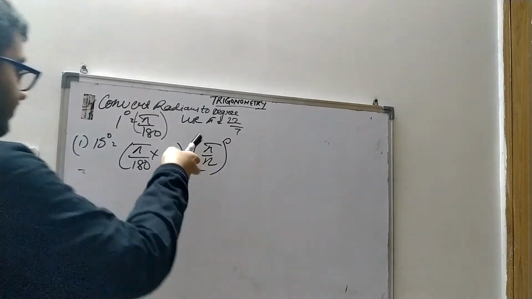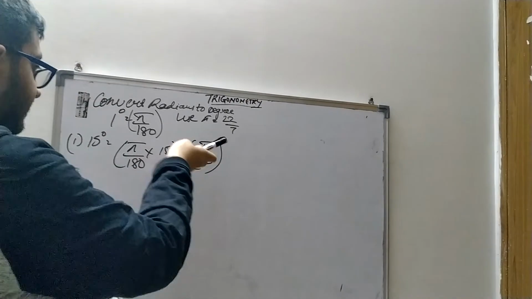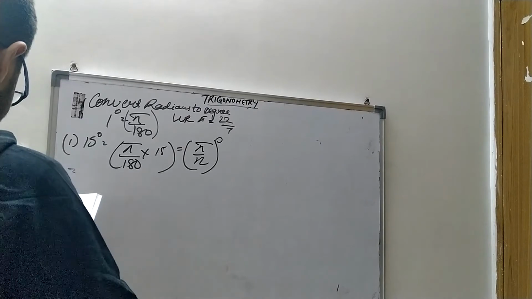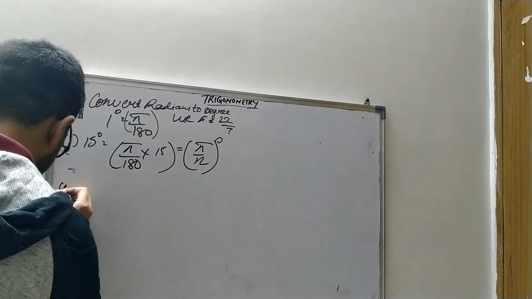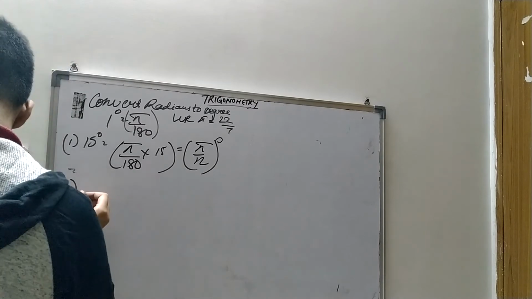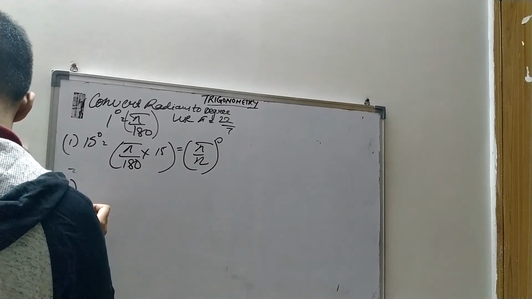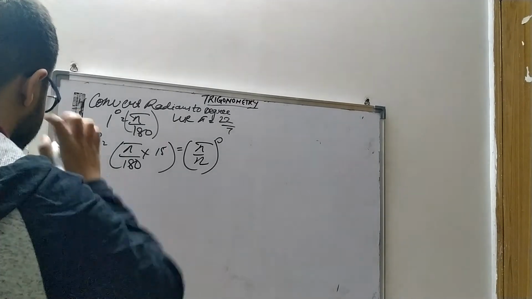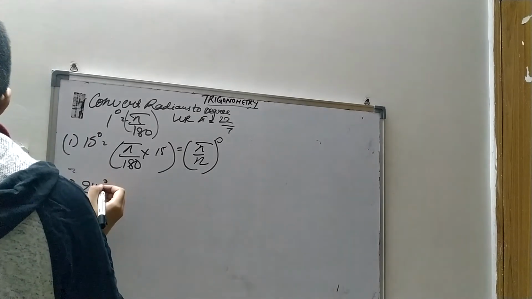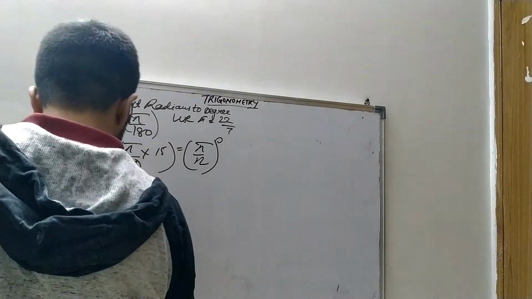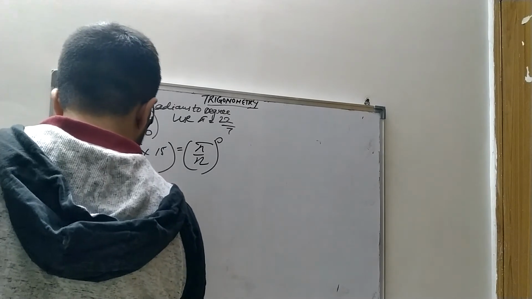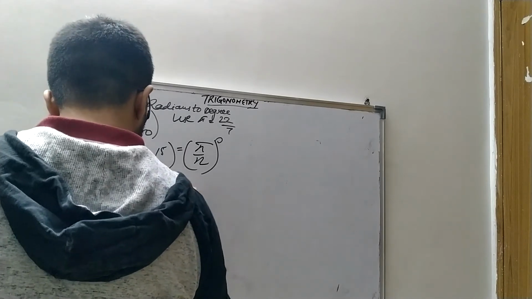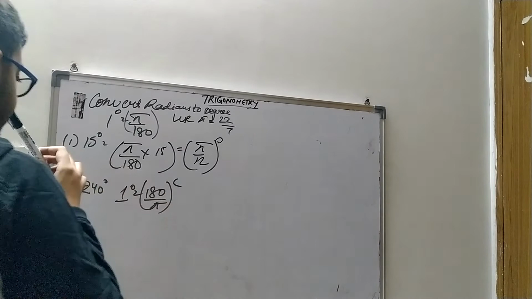Pi by 12 radian measures into degree measures. One degree is equal to 180 upon pi radian measures.